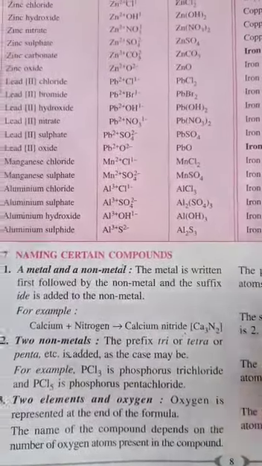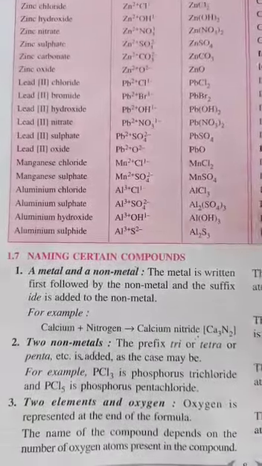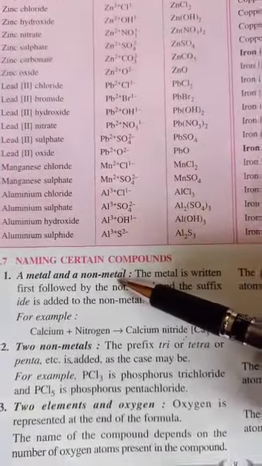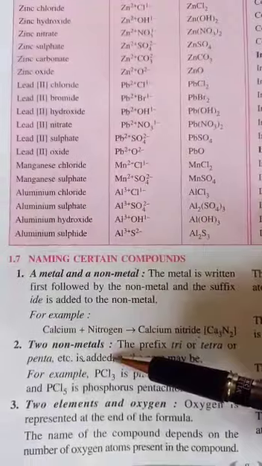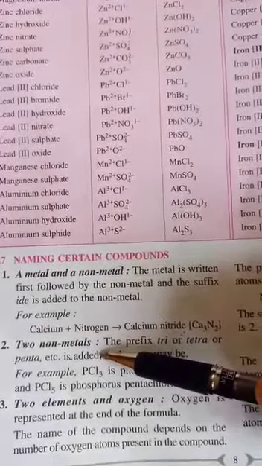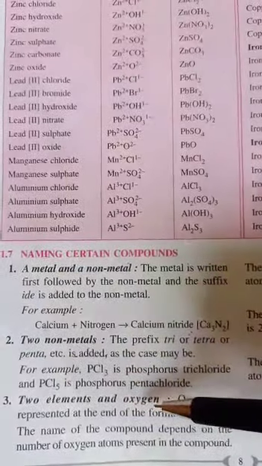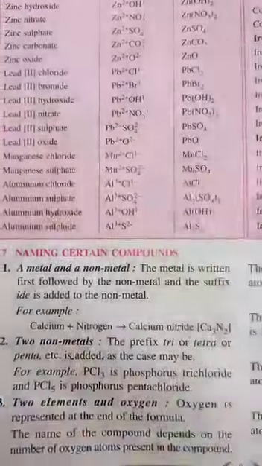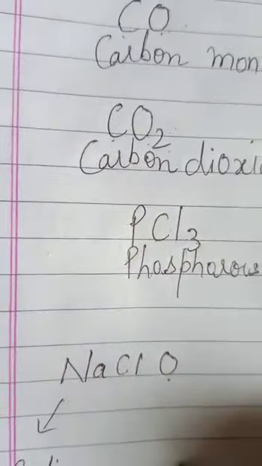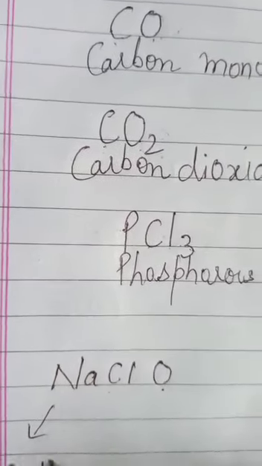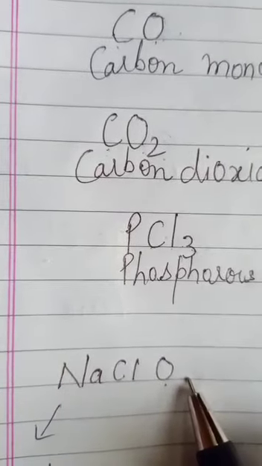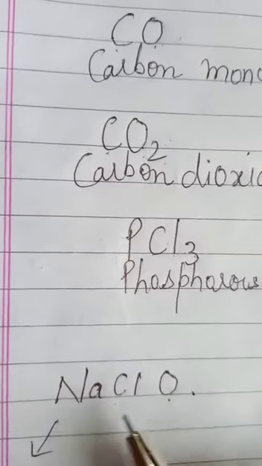So far we have seen the naming of chemical compounds. We had a metal and non-metal and we had 2 non-metals. Now what happens when in a chemical compound we have 2 elements and oxygen? For such types of compounds that have 2 elements and oxygen, we follow certain rules.